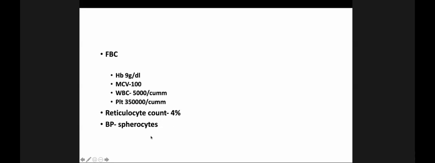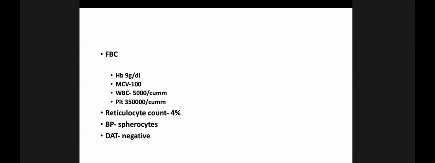That's right. And spherocytes, what does that suggest? Any differentials with spherocytes? Thinking of hereditary spherocytosis. Any other differentials? So it can also be autoimmune hemolytic anemia, right?